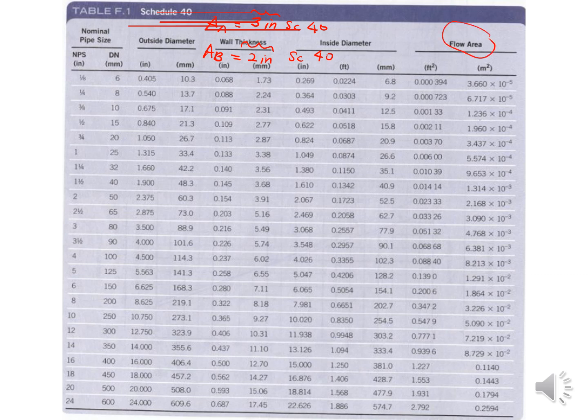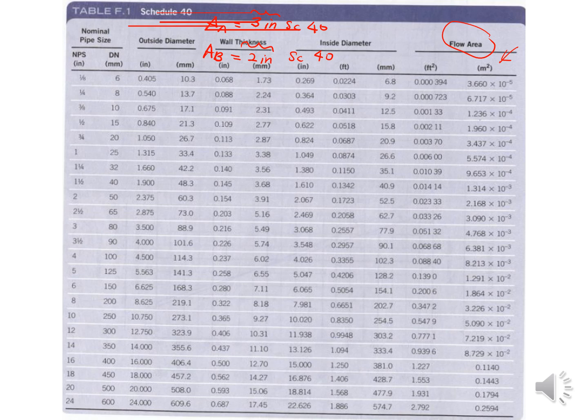Since most of the information that we have before is in SI unit, our value of the flow area should be in SI unit, so we are looking for the area value in this column. Let's try with the area at point A, which is 3-inch.